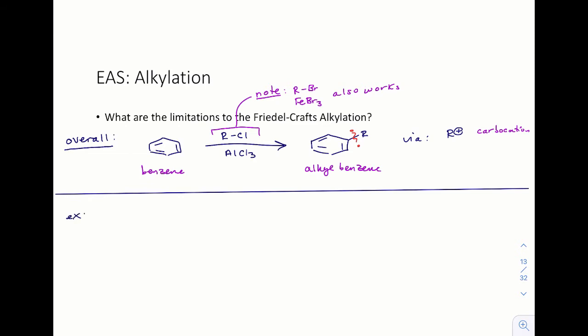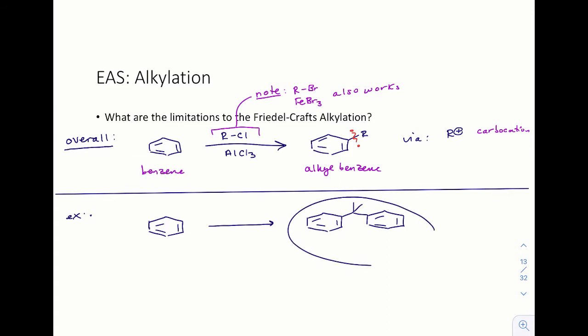We can look at a couple examples. Let's imagine that the following alkyl benzene is desired. This product reminds me a lot of the product on the previous page. Now we're imagining making this bond, and so that would come via this carbocation.